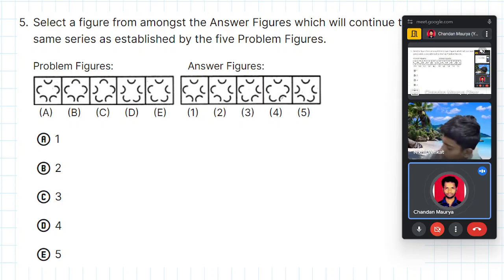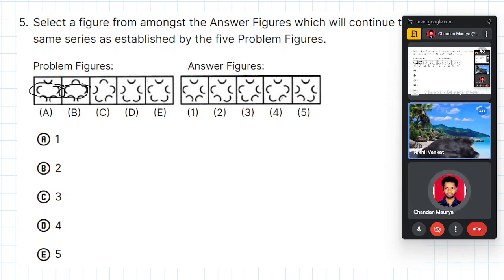So what is this? Here what I have is this part, okay, this part, and suddenly one is changing here.